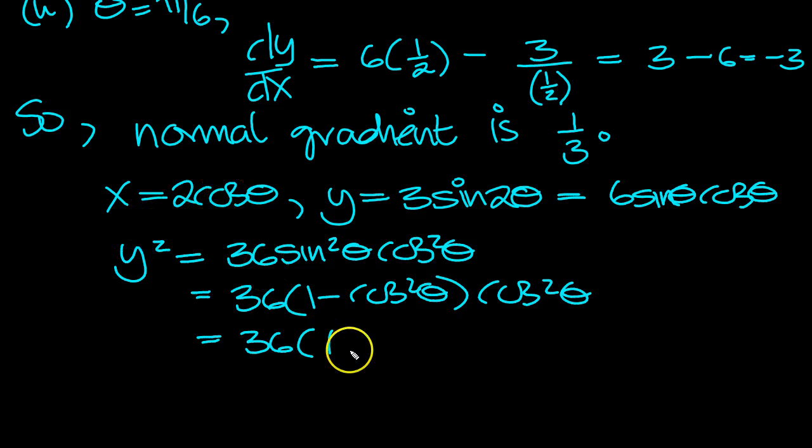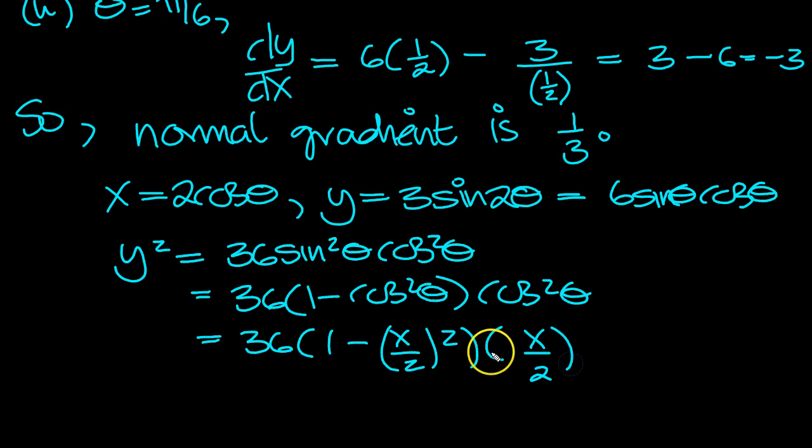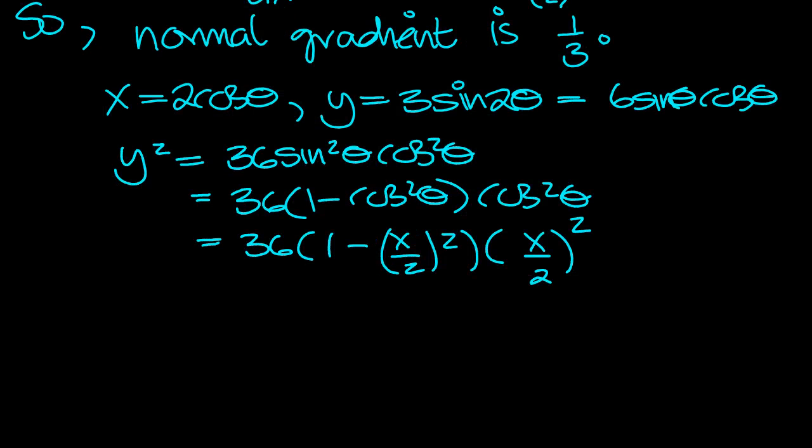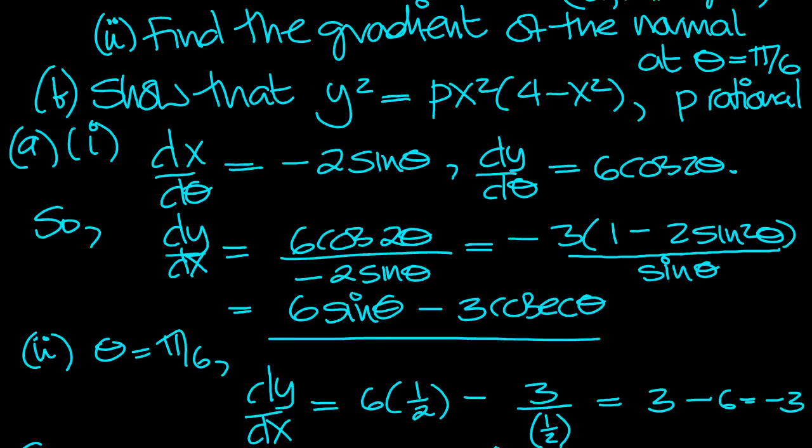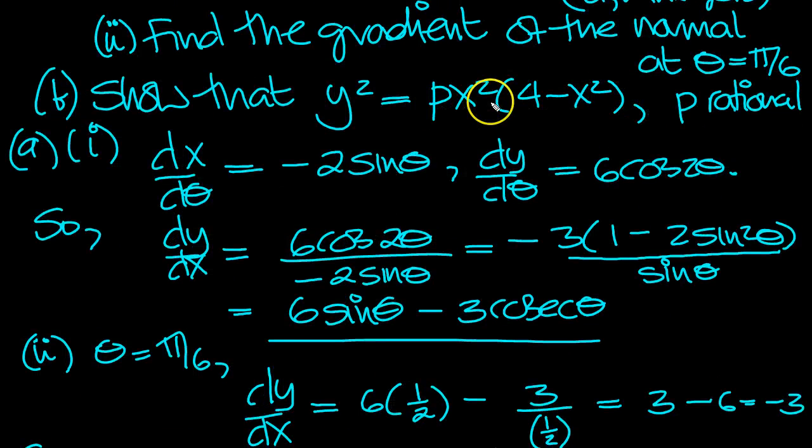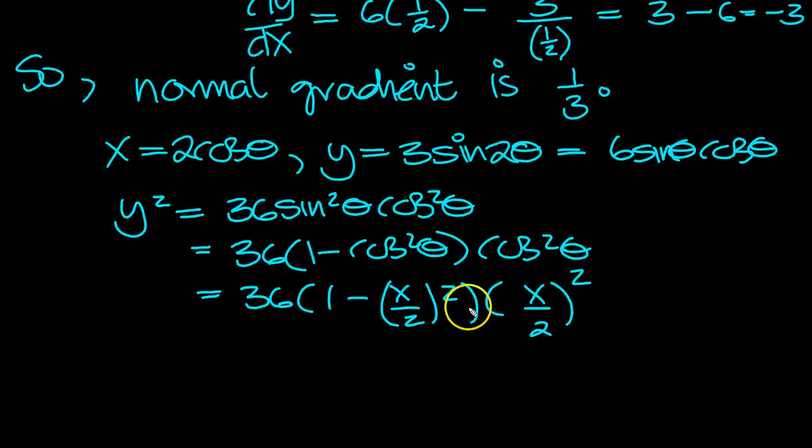Cos is x over 2, so it's 1 minus x over 2 squared, times x over 2 squared, because cos is x over 2, isn't it? So what have we got then? So what form do we want it in really, first of all? p, where p is rational, so we just need a 4 inside minus just the x squareds.